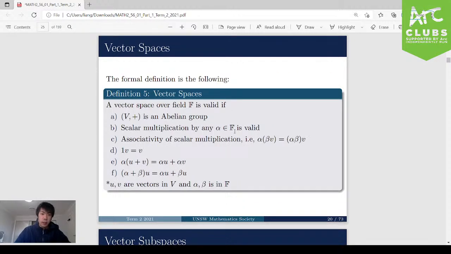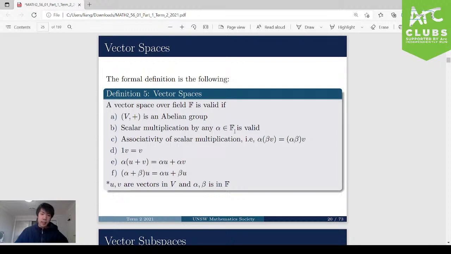And this leads us on to have a look at vector spaces and vector subspaces. For vector spaces, you have quite a few properties you have to check, right? Firstly, V under addition is an abelian group. Recall that an abelian group has to be a group, and then it also has to commute.